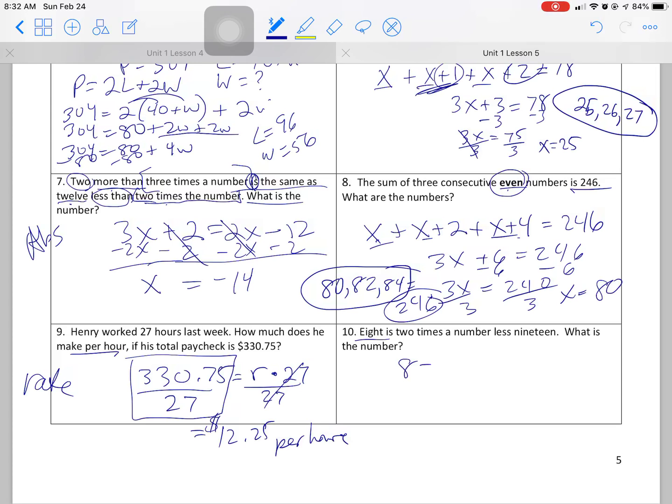Okay. This is another abstract one. 8 is 2 times a number less 19. That's not less than, that's less. Different thing, okay? What is the number?